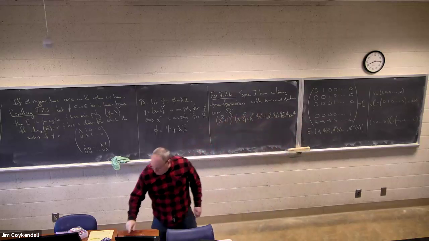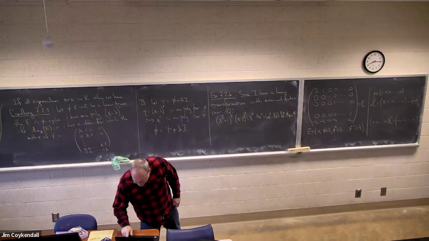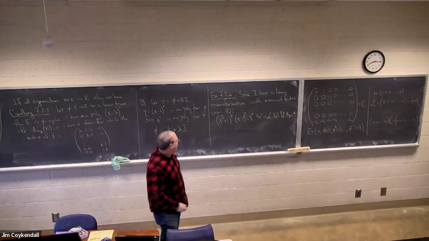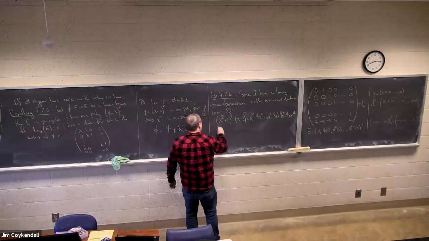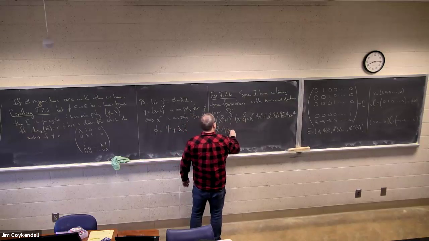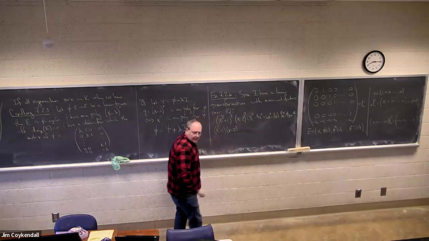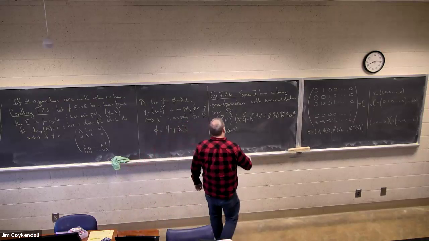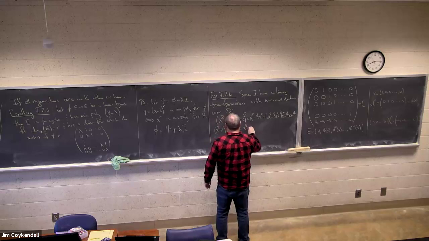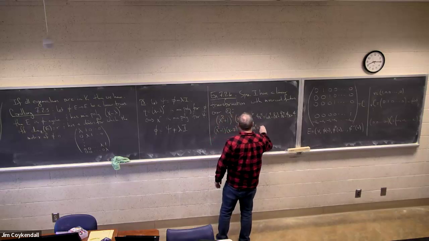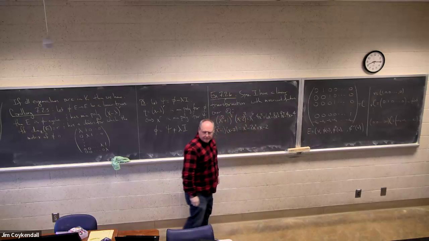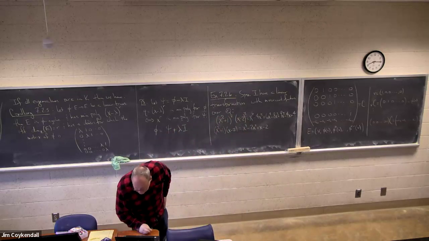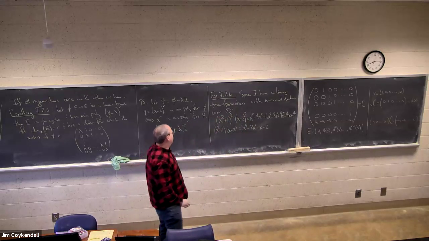Okay, and that's one of our invariant factors, and the other one is x squared plus 1 times x minus 2, which is x cubed minus 2x squared plus x minus 2.